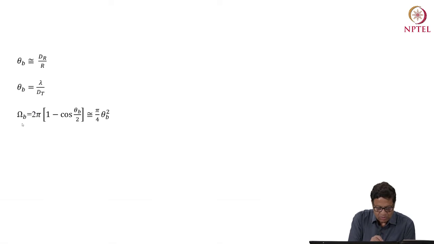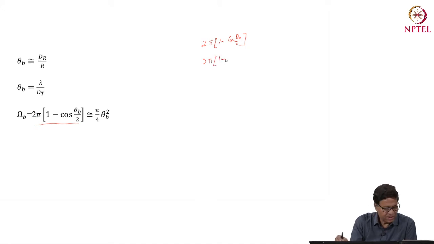So I can convert this to solid angle omega b using this formula, 2 pi into 1 minus cos of theta b by 2, and this expression gives pi by 4 theta b square. Because what you can do is, if I write this equation, this is 2 pi into 1 minus cos of theta b by 2, which I can write in this fashion: 2 pi into 1 minus, 1 minus sine square theta b by 2, raised to power half.